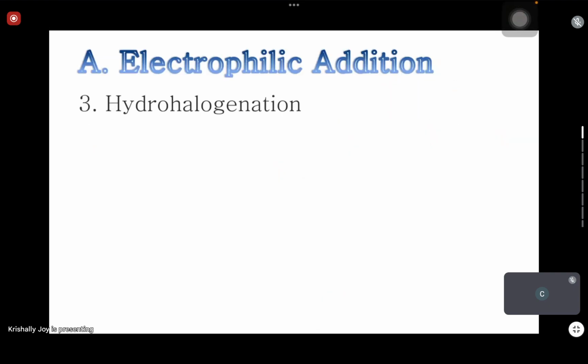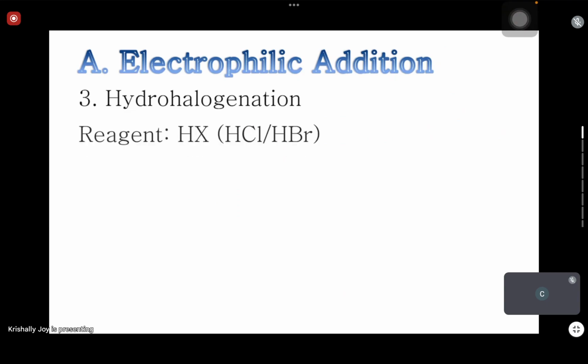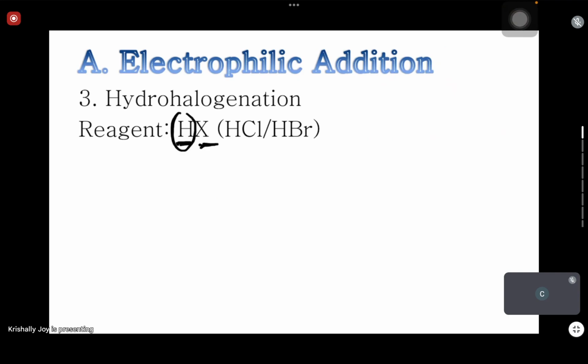Let's have the third type of electrophilic addition. We call it hydrohalogenation. From the term itself, the reagents being added to the alkene are a hydrogen and a halogen. That's why the reagent written there is HX. It could be in the form of hydrogen chloride or hydrogen bromide.